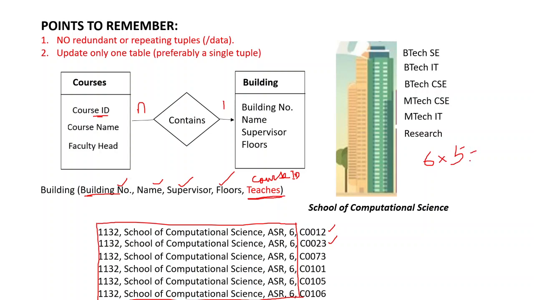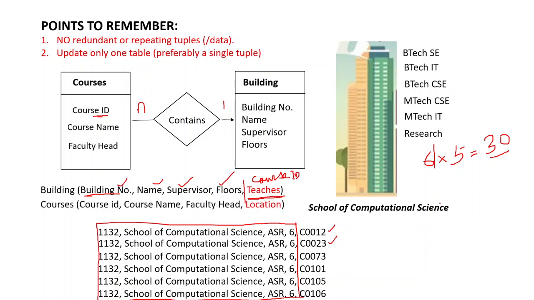Now the number of tuples you will need to store in your building information table is 30. Whereas if you had to keep only information up to floors, you would have had 6 tuples. So clearly this is not a good choice.